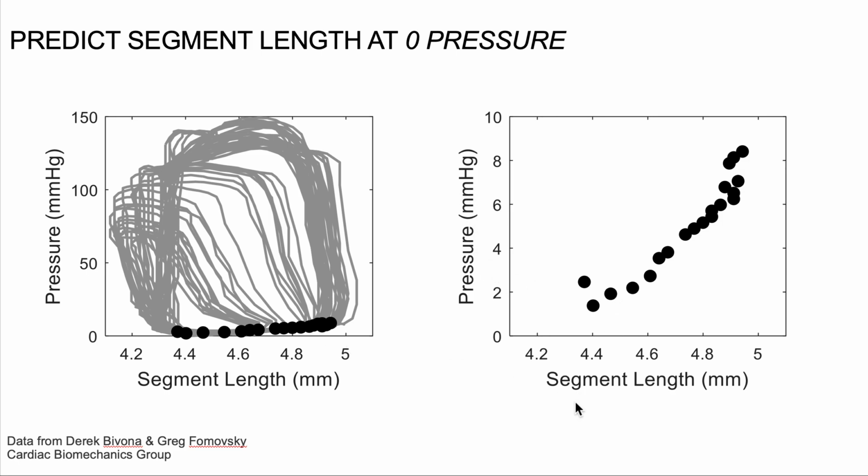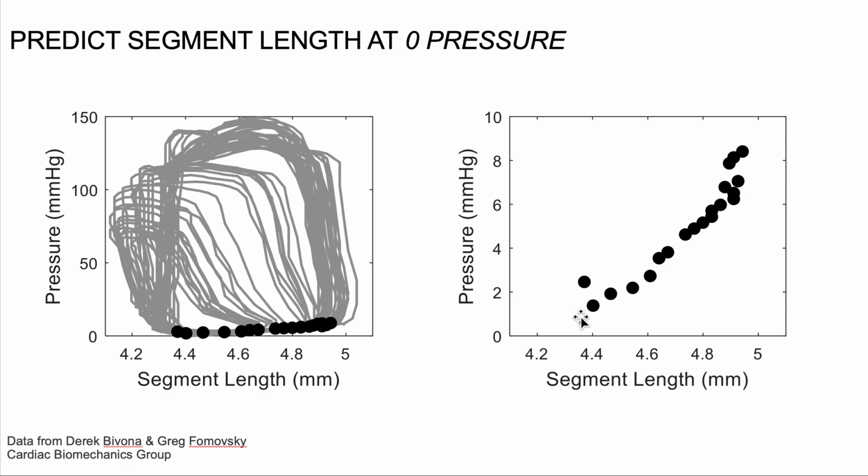But of course the heart is alive and it's kept alive, so we would like to understand what this distance is essentially when there is zero pressure throughout the heart. What would be the dimension of that particular distance? Of course, the heart in this case is alive, so we'd like that to continue to be the case.